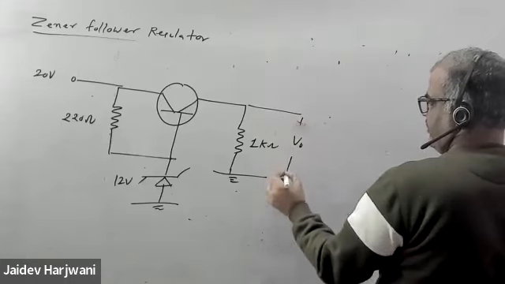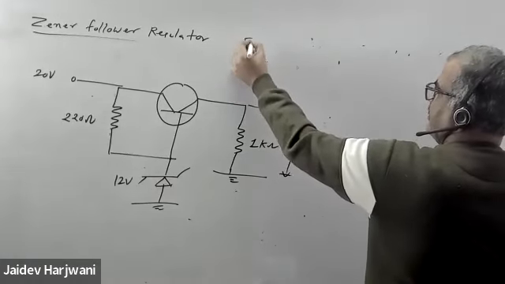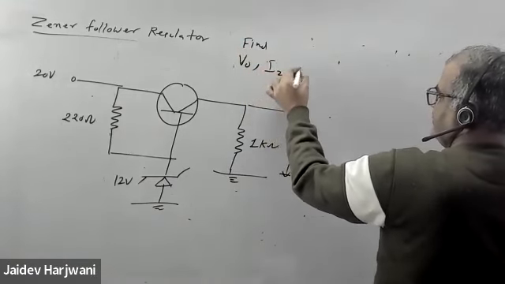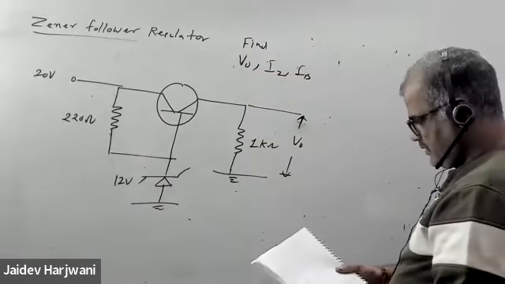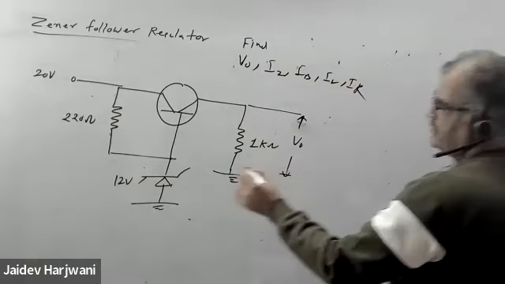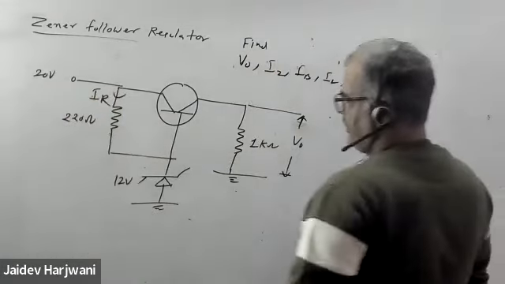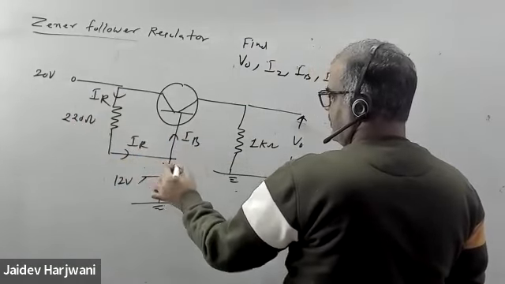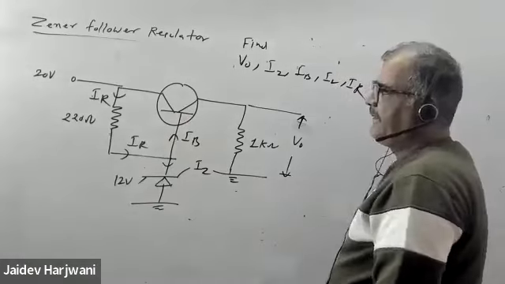What is the value of the regulated voltage? Find V naught, and then of course find IZ, IB, IL, and IR. Let us say this is IR. IR is coming here, IB is going here, IZ is going here.